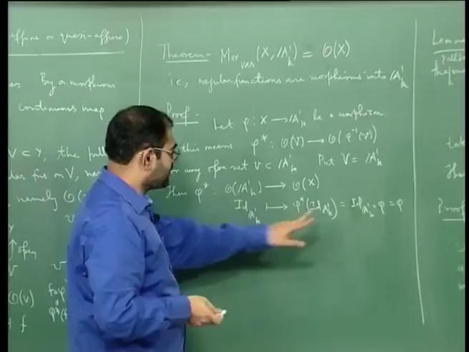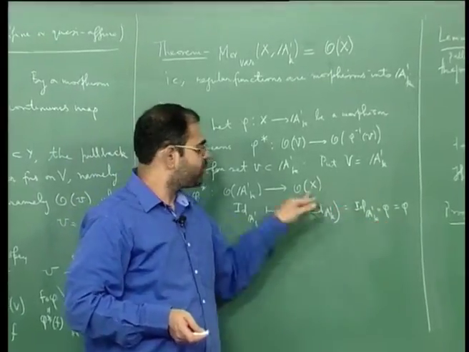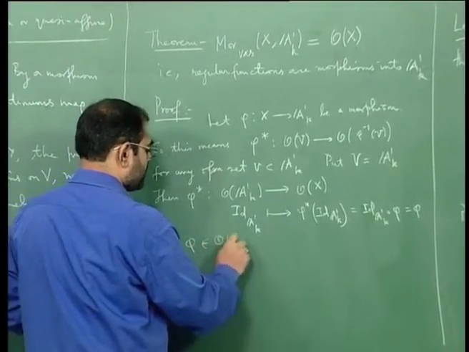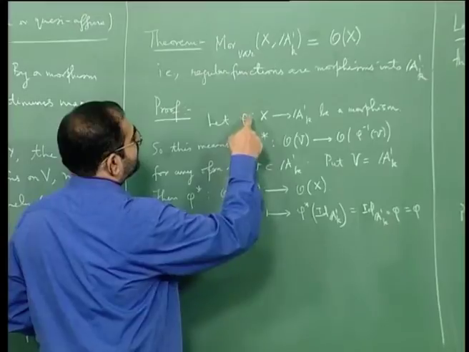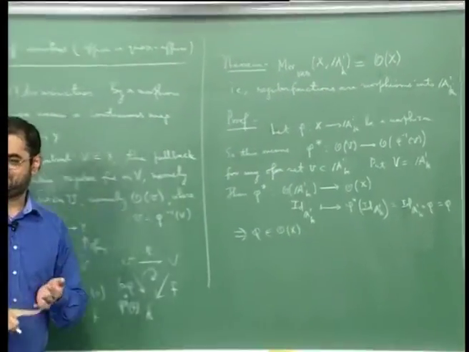So you are just saying that phi belongs to O of X. So it's very clear that a morphism from X to A1 is certainly an element of O of X.